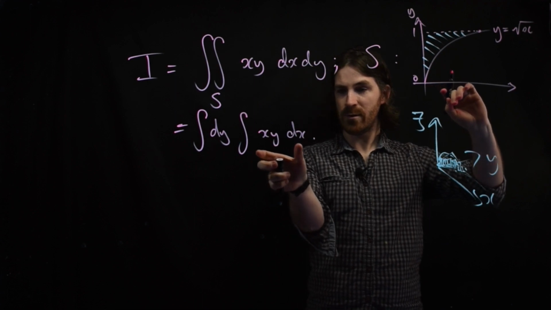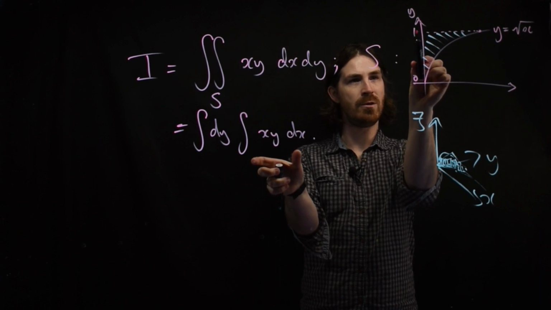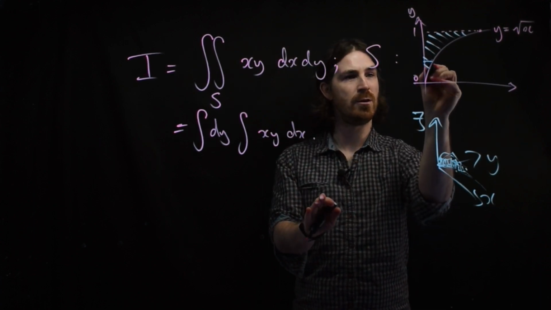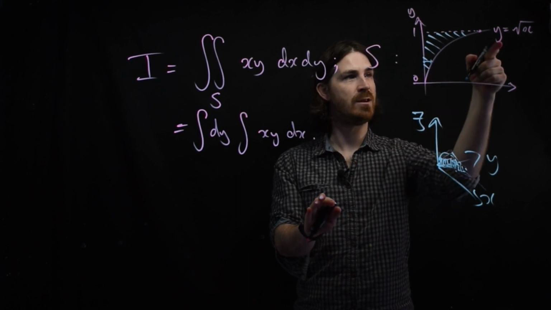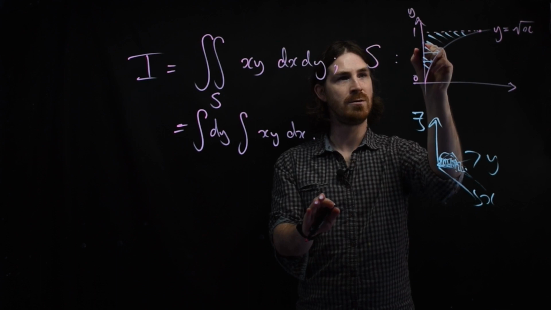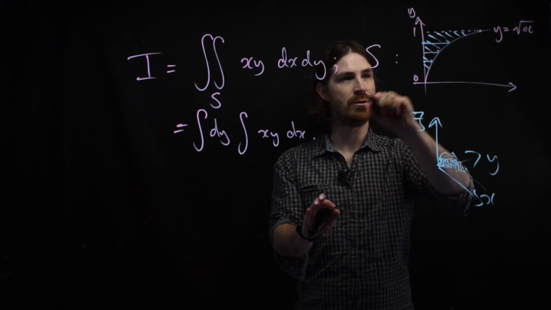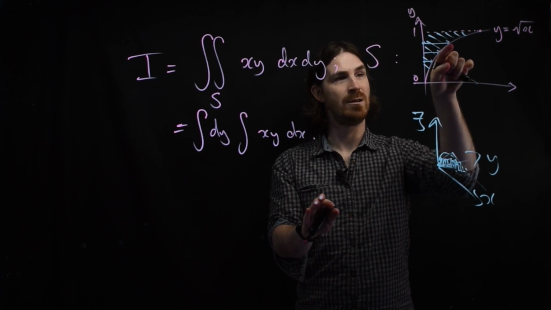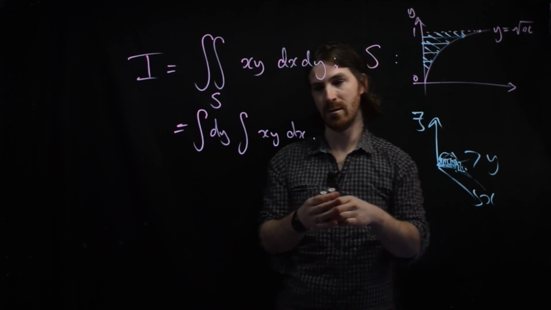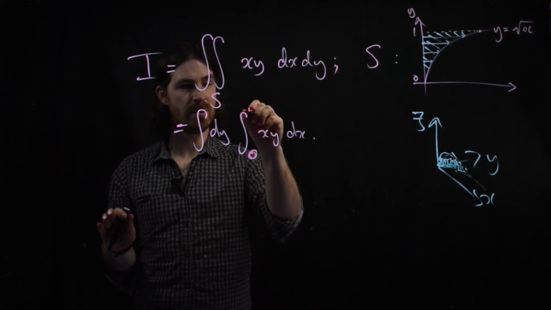The limits of x start from 0, so everywhere in this region, we can start from 0 and then we go to this line, which is given by x equals y squared. If you're at this value of y, you start from x equals 0 and go to x equals y squared. So the lower limit is 0, the upper limit is y squared.